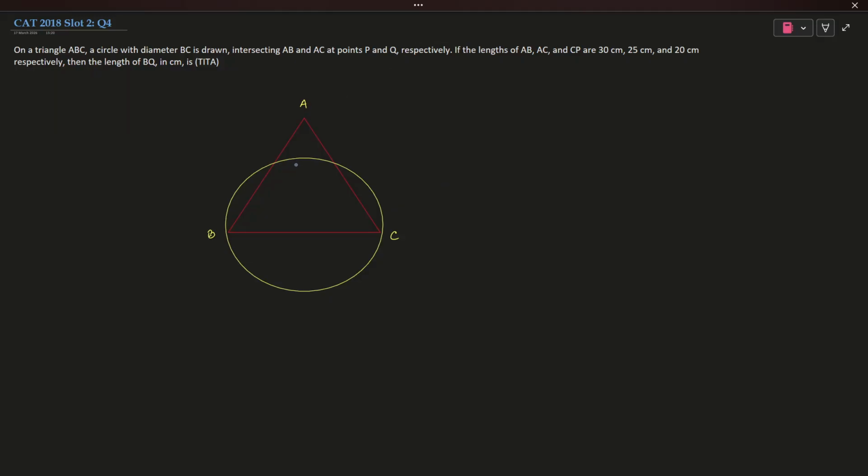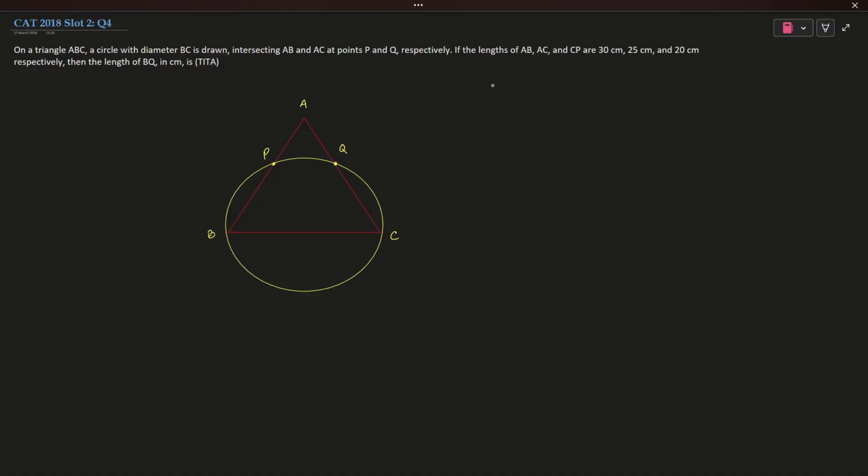So it intersects AB at P. So this point is P, this point is Q, AC at Q.